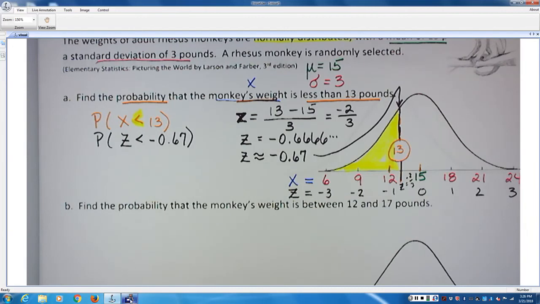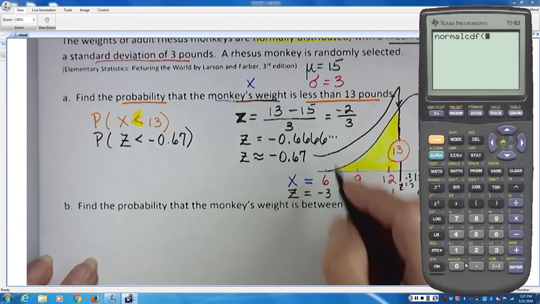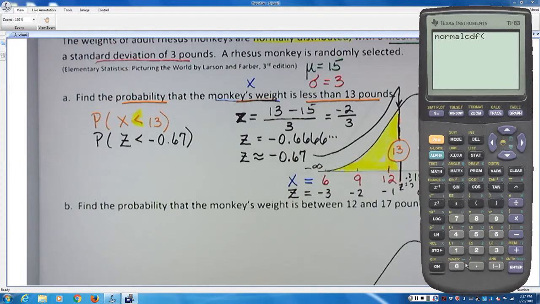So first I'll calculate what is the area to the left of a z-score of -2/3. So we start out at -infinity, remember, because we're going from there up to -2/3. And our -infinity is always going to be -1 times 10 raised to the 99th power.